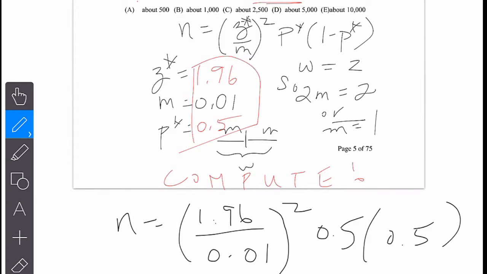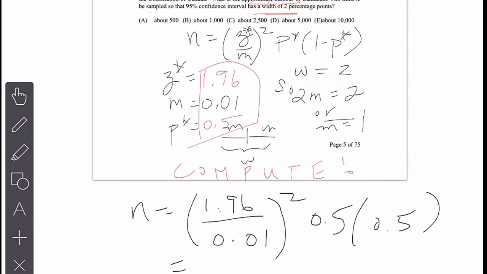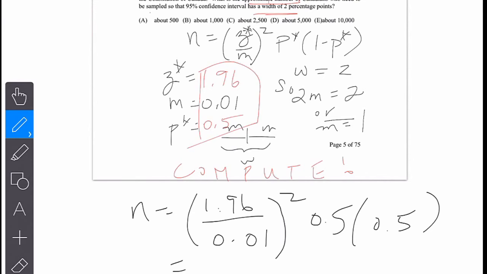The answer, punching all that in, is 9604. Very good.